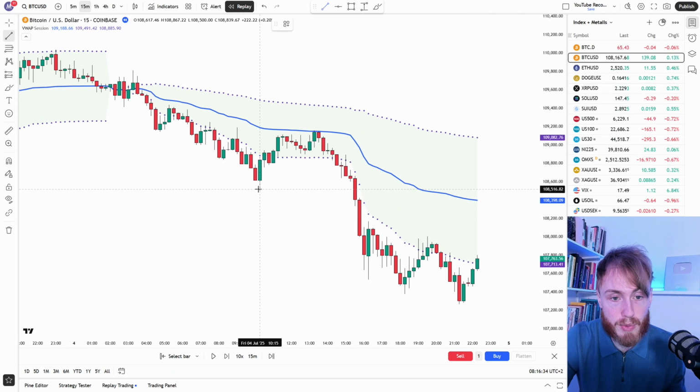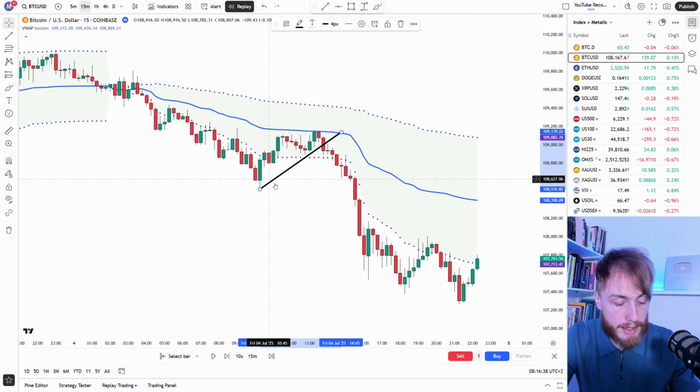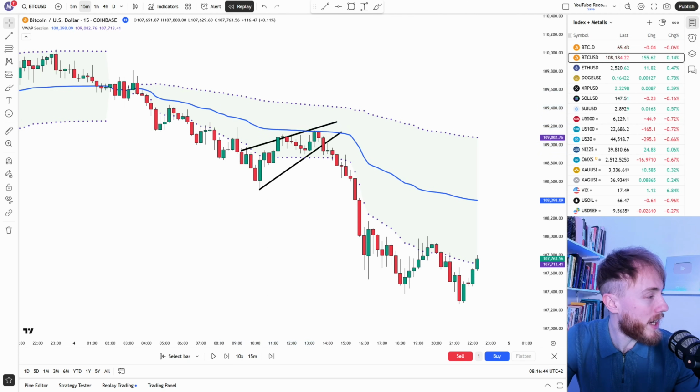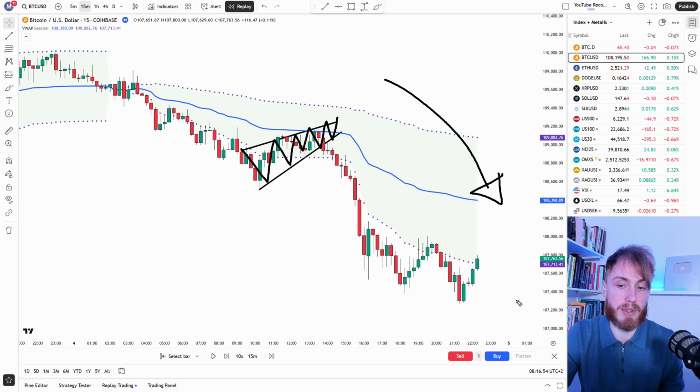So let me mark this one up right here. Let me actually use a whole line. You can see that during this pullback, when the price returned to the VWAP, we actually had a sort of rising wedge, right? This right here is a specific chart pattern indicating a continuation to the downside.